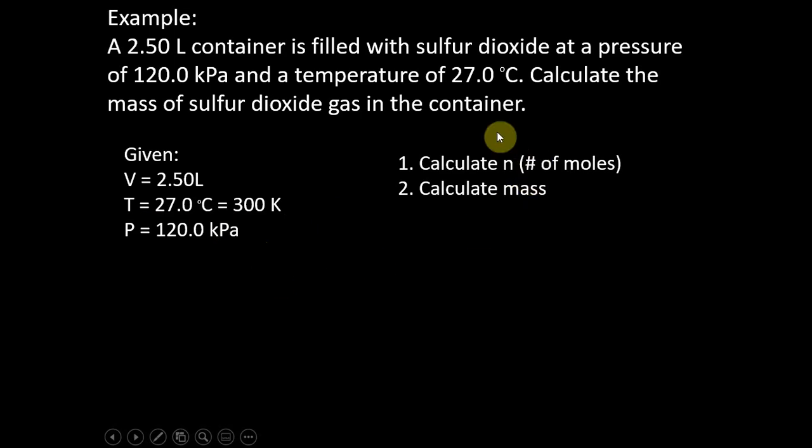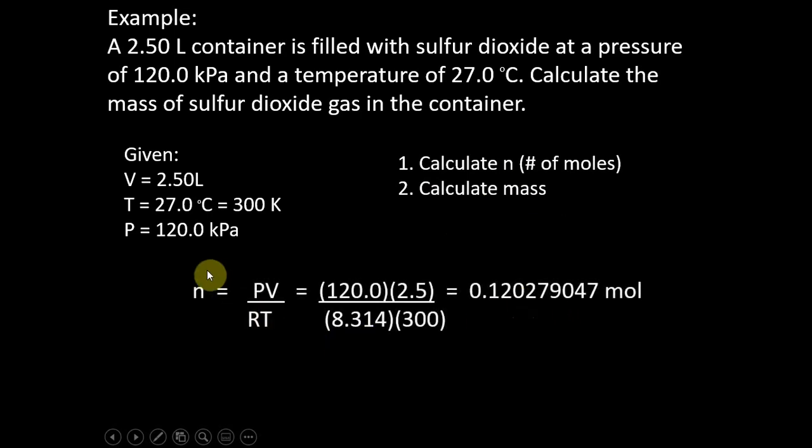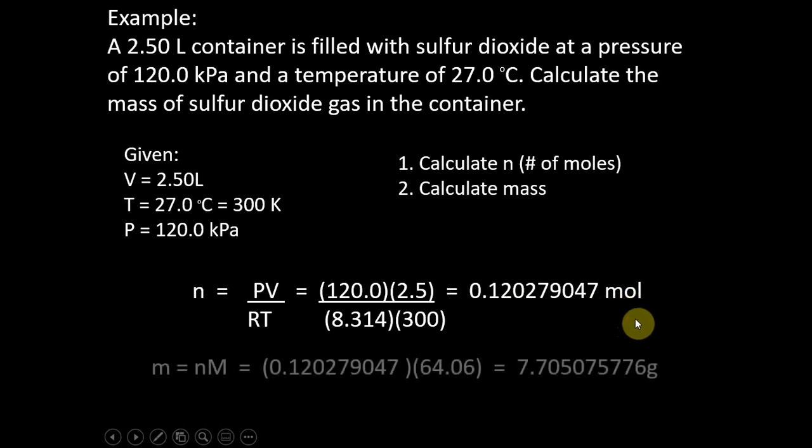So we're going to do two things here. First, we're going to calculate the number of moles of the gas, and then we're going to switch to calculating the mass from the number of moles, which we've done a million times already. So here we go. n is equal to PV over RT. So our ideal gas law, just solving for n. Plug in the numbers, and we get 0.1202 and a bunch of decimal places moles.